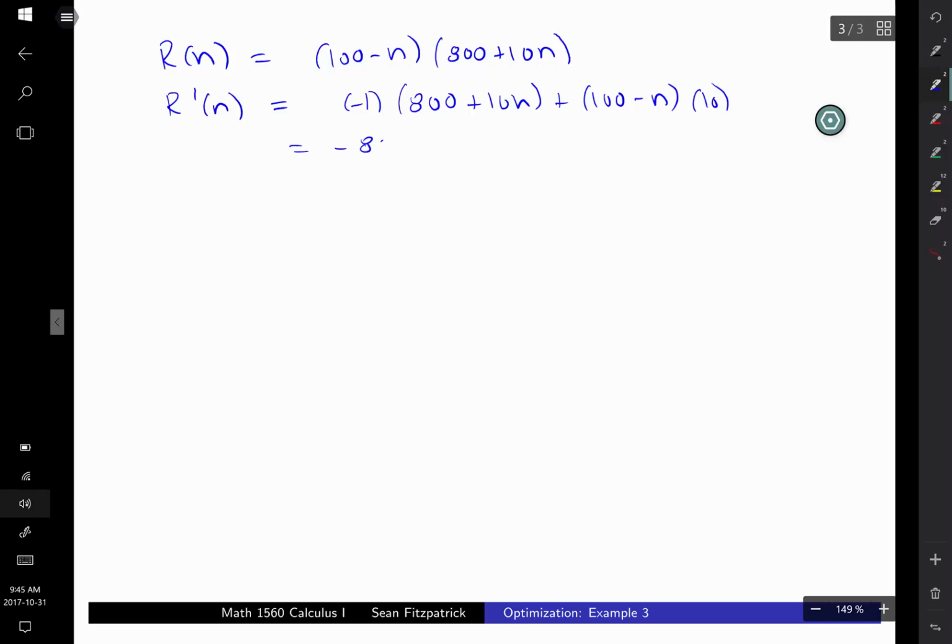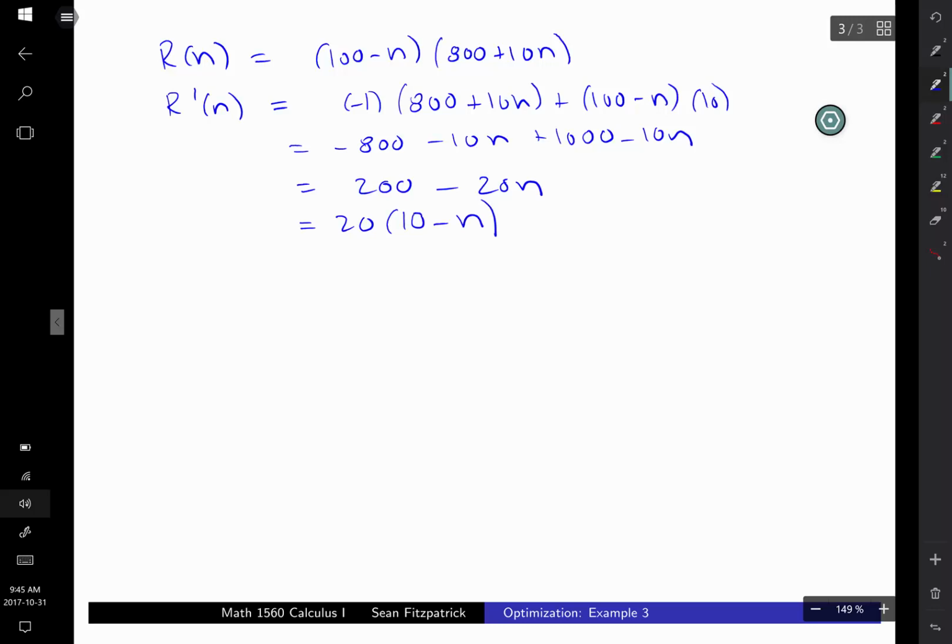So we get minus 800 minus 10N plus 1000 minus 10N. Okay, so we get 200 minus 20N. So if we factor out a 20, that's 10 minus N.